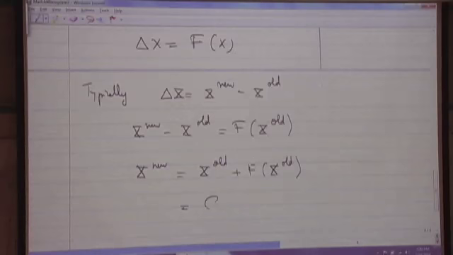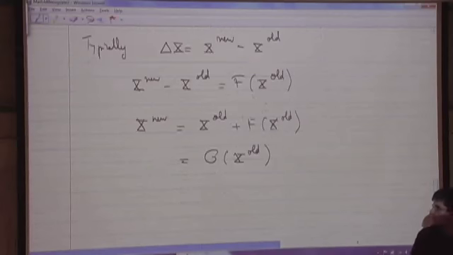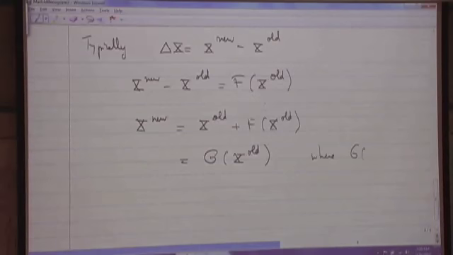So this is conveniently written as a new function, let's call it g, of the old state, where g of x is just x plus the right hand side of your model. Okay?